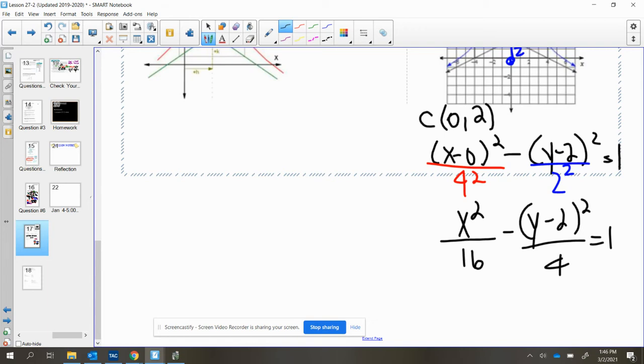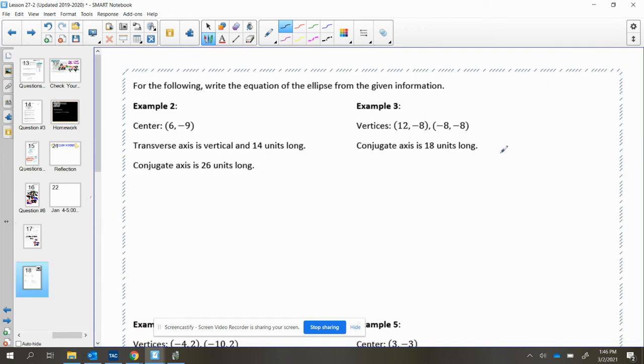Okay. So moving on to the back page here, we have a couple more examples. This one is looking to write the equation given the center, the length of the transverse axis, and the conjugate axis. Okay, well, our center, again, will be h comma k, and they're telling us that the transverse axis this time is vertical.